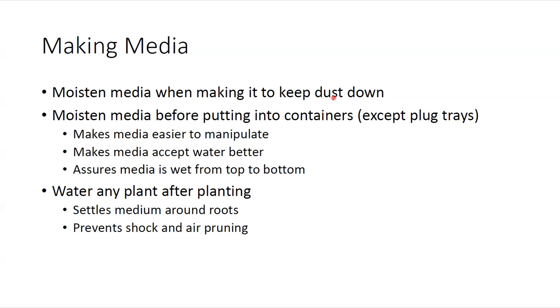You can spend time out there whacking it with a shovel, but it's a lot easier if you just fill up a huge trash can with water, dump the peat bale in there, let it do its thing overnight, and then it's completely broken up. Then wet down the inorganics, mix it up, wet it as you're doing it, and then utilize it.